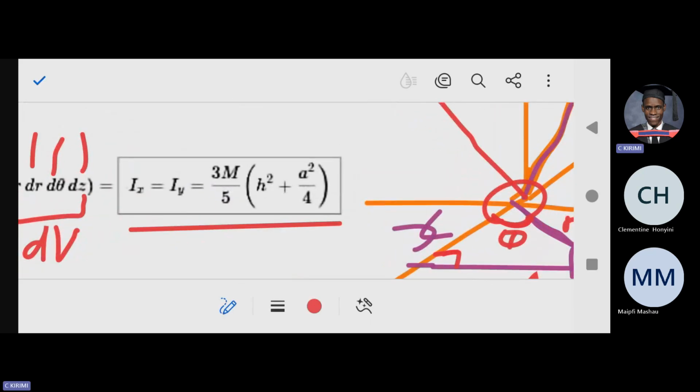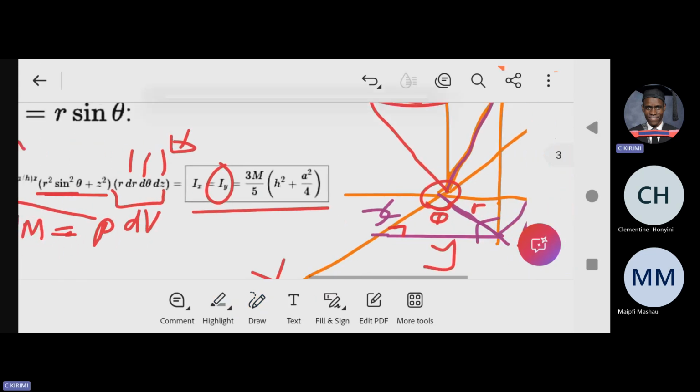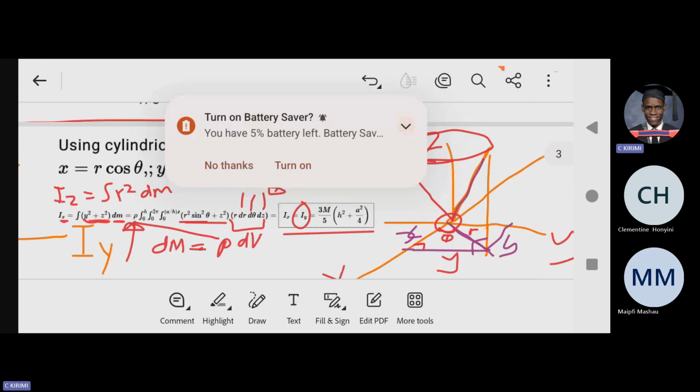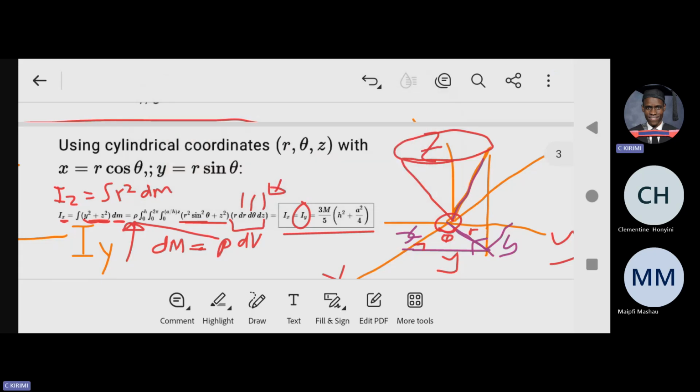So this statement just came for the effect of saying, since we already concluded that the moment of inertia in x is the same as the moment of inertia in y. However, there is a step that has been skipped, how you canceled the rho here. So you must also practice how to integrate this on your own when you have time.